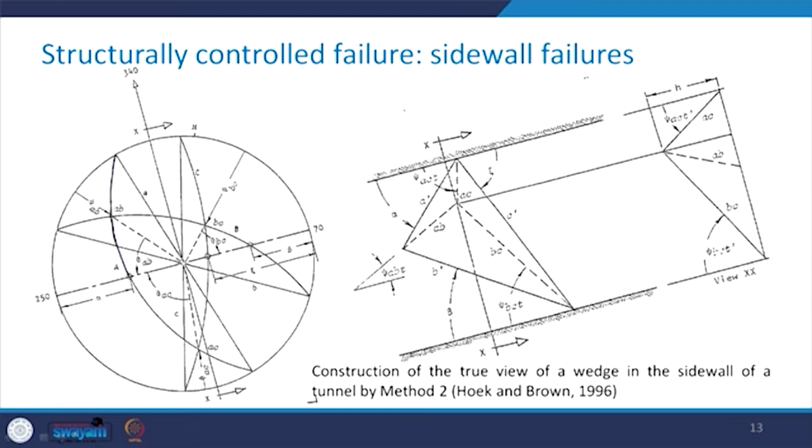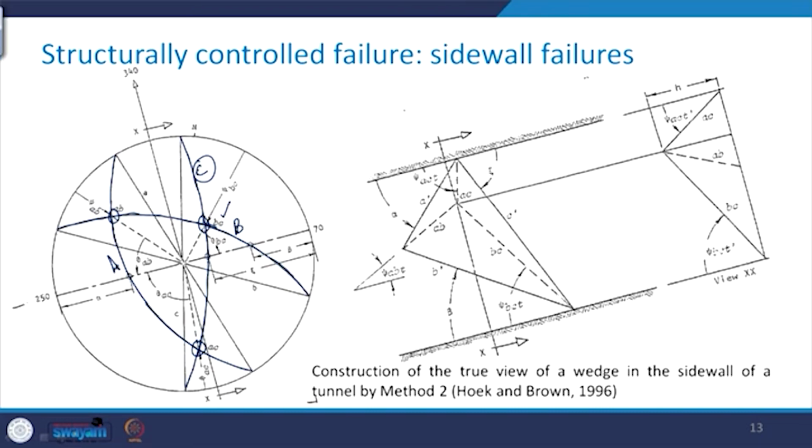So, this is the first great circle which we are denoting by great circle A. Then this is the second great circle denoted by the great circle B, and the third one is this one, that is great circle C. B and C intersecting here, so this point is being represented by BC, this is AC, and here this is AB. Now, how to determine these apparent dips?